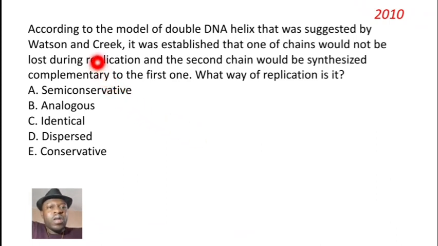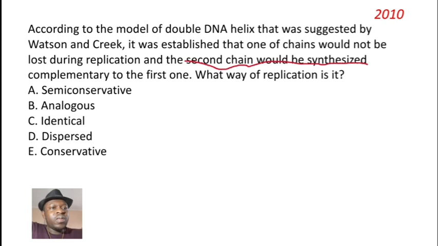According to the model of the DNA helix that was suggested by Watson and Crick, it was established that one of the chains would not be lost during replication, and the second chain would be synthesized complementary to the first one. What way of replication is this, right?